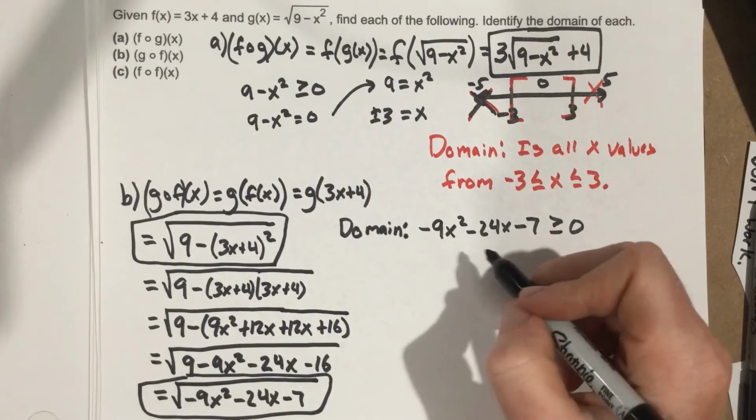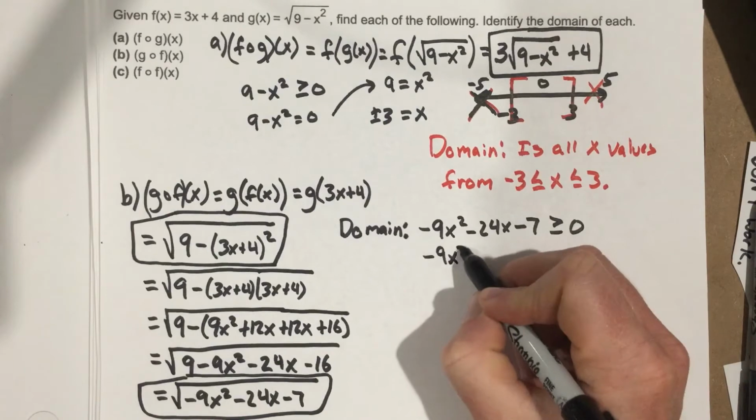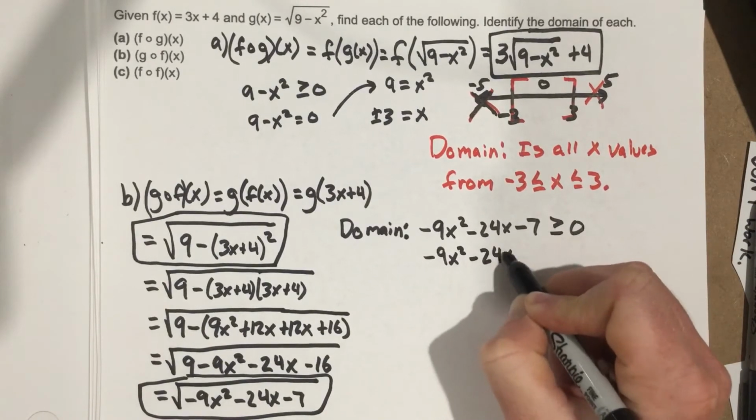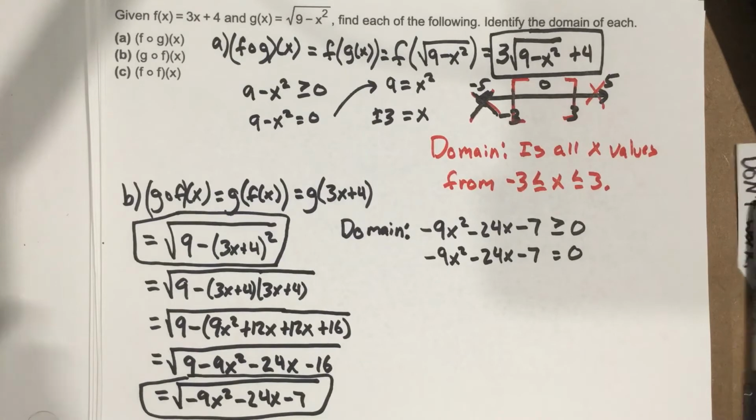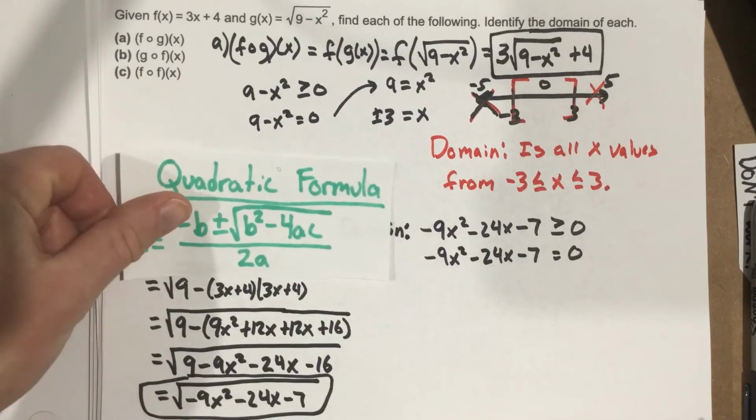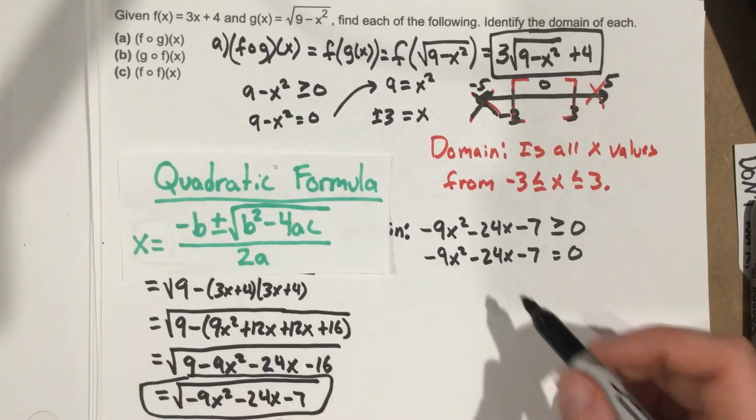First step when I solve these is to set this using an equal sign. And then I'm going to use the quadratic formula. If you remember, negative b plus and minus, so on and so forth.